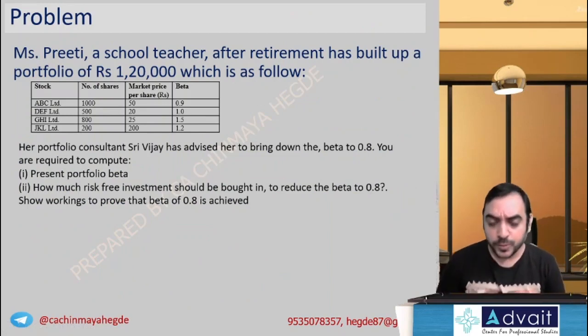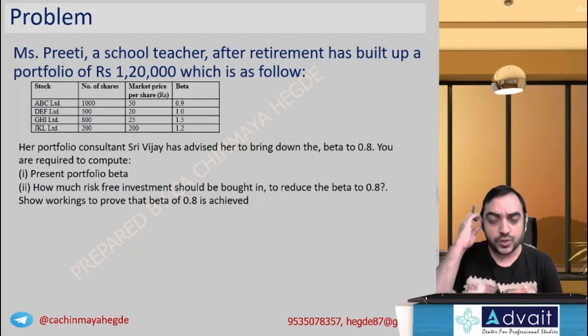Let's come to this problem, again about beta application only. Preeti, a school teacher, after retirement, has built up a portfolio of rupees 12,00,000, which is as follows: stock, number of shares, market price, beta.